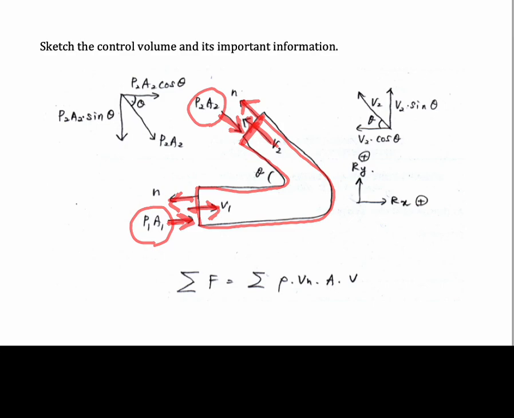To ease your calculation, it is good to split the force and the velocity according to the x and y directions. For example, if we have a velocity v2 in this direction, we could split it into y and x directions as this one, and this is the equation. We have v2 sine theta for the vertical velocity and v2 cos theta for the horizontal velocity.